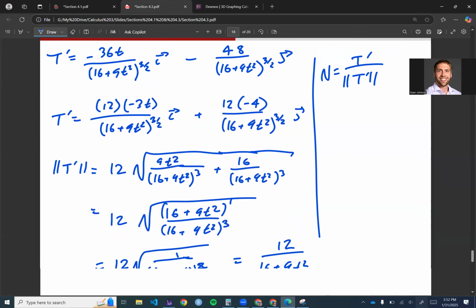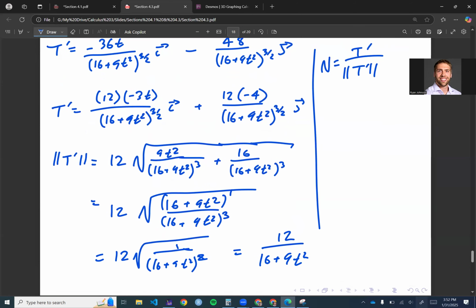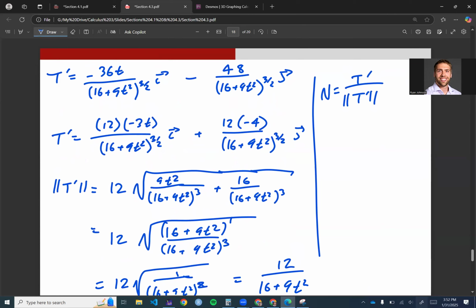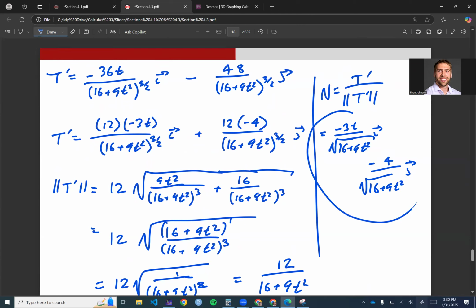If we're multiplying by its reciprocal, we divide those numerators by 12, and we're going to get negative 3t over the square root of 16 plus 9t squared i minus 4 over the square root of 16 plus 9t squared j. And that's it. That's N right there. So that completes that guy. And I'll end the video here.